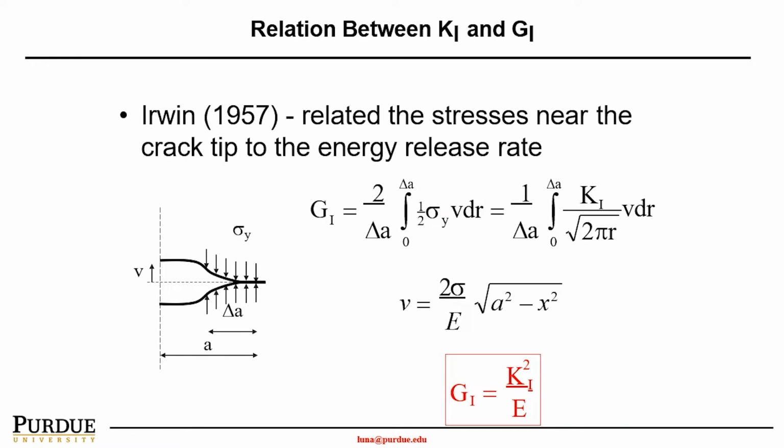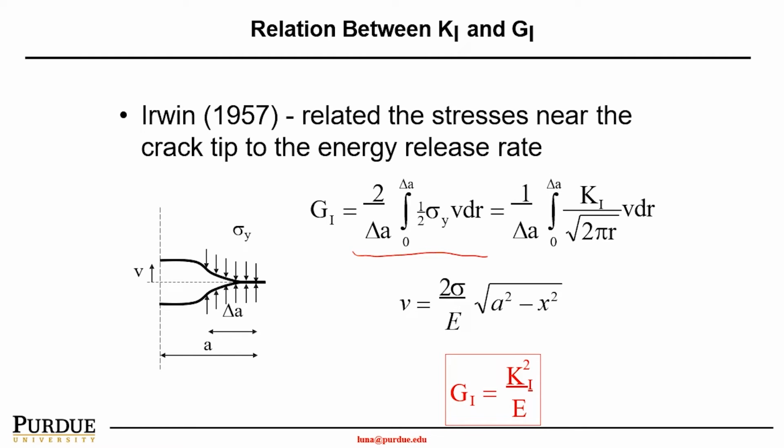In 1957, Irwin expanded Griffith's theory from brittle material to ductile material by relating the stress near the crack tip to the energy release rate. He looked at it from an energy standpoint and related it to the previous mechanics standpoint.